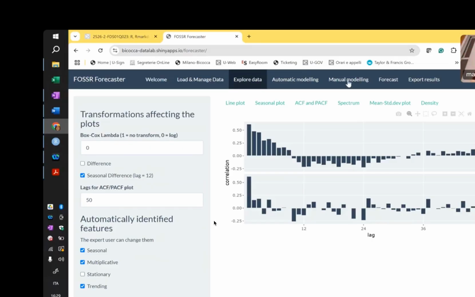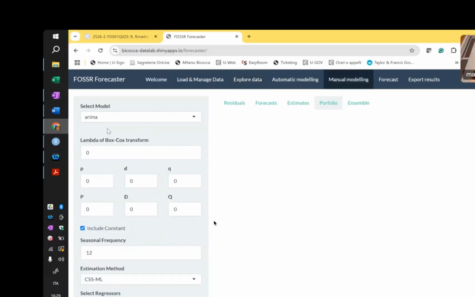So go to manual modeling. We can select the ARIMA class of models. Here it already suggests 0 because I based the initial values for the lambda and also the seasonal frequency on previous information. Okay, you can of course change it. Let's start with the log. The log was one of the two choices.